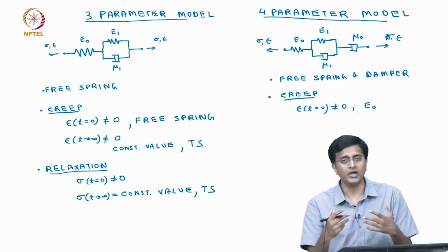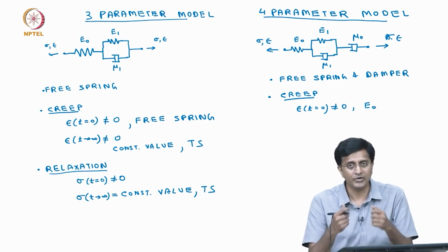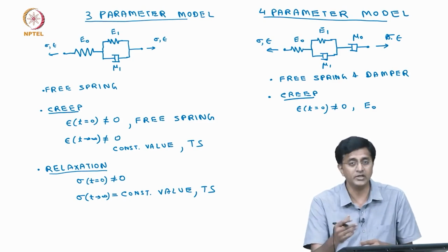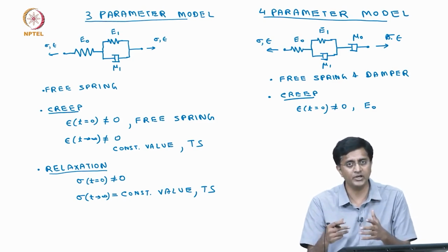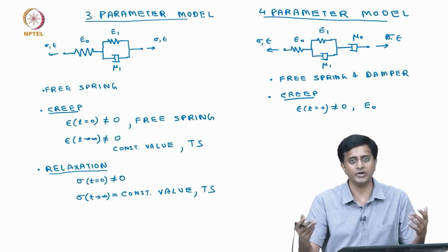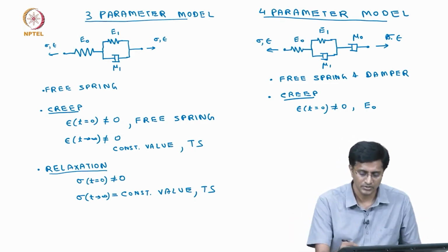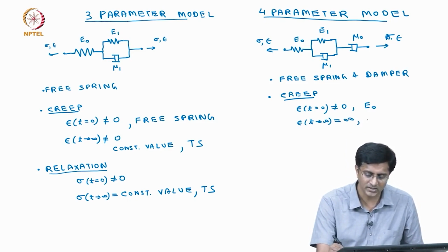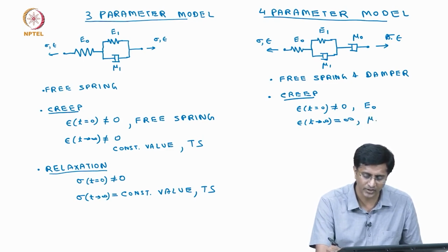But then what happens when we wait for very long times? If we wait for very long times, that is when the free damper comes into play, because the free damper is free to elongate by any amount depending on how long you wait. So, at time t approaching infinity, we reach infinite strain, and this is mostly because of the free damper.